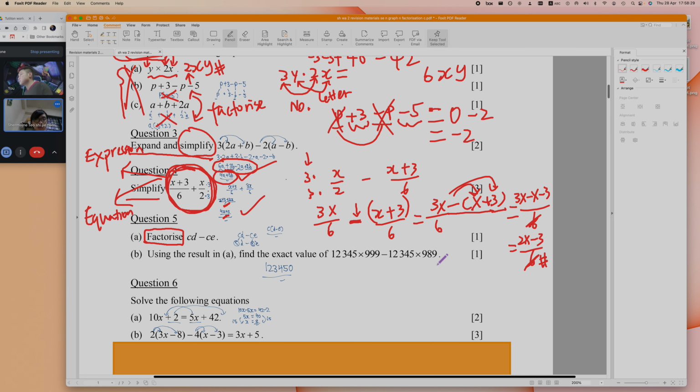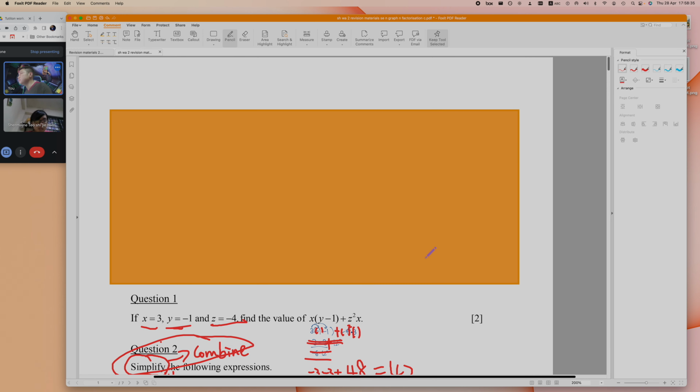So what I'm trying to say is this. Let me go to the blank page. So you need to remember this, because otherwise you will delete the denominator unnecessarily. So let's say if you start with this. Is this an expression or equation? Expression. Yes. So cannot delete denominator.